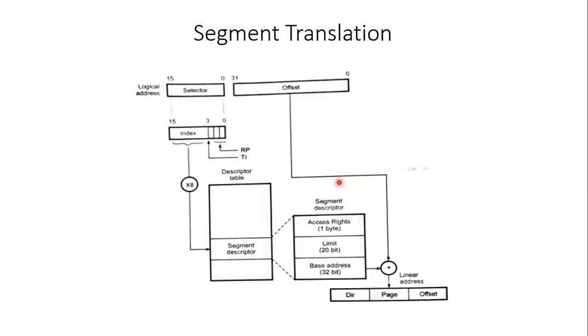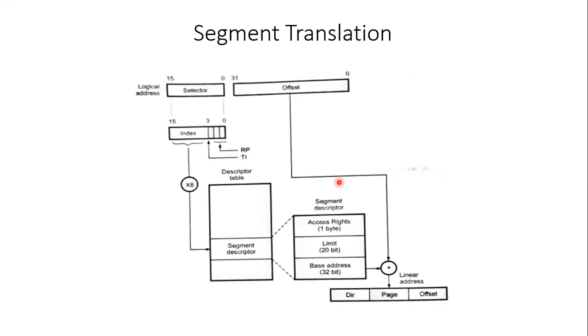If the segment selector has the same or a greater privilege level, then the memory management unit will allow the segment to be accessed. Then it will allow the program to access the segment.